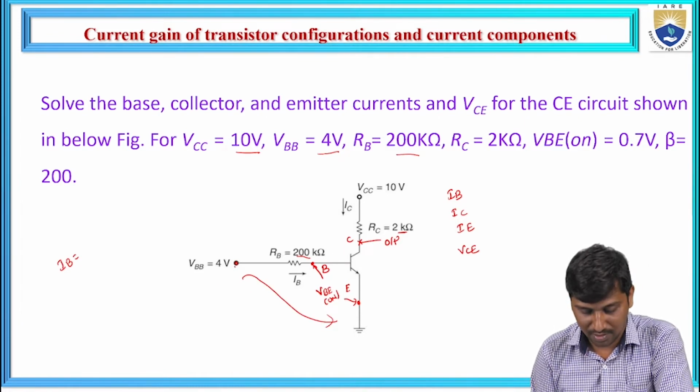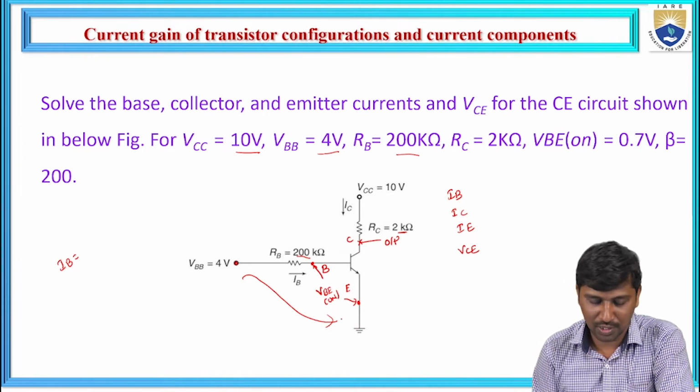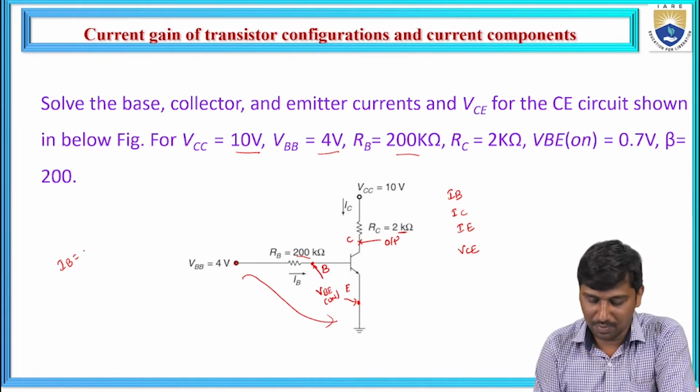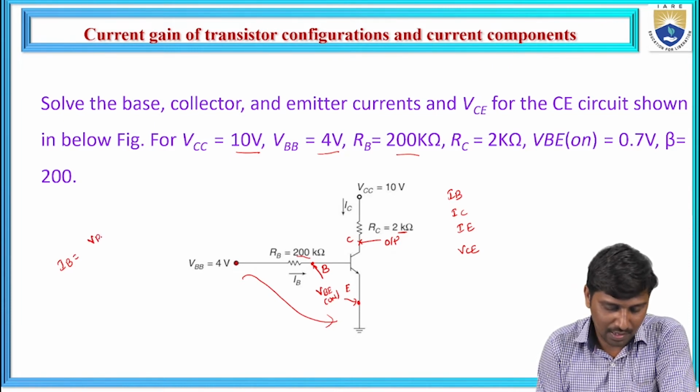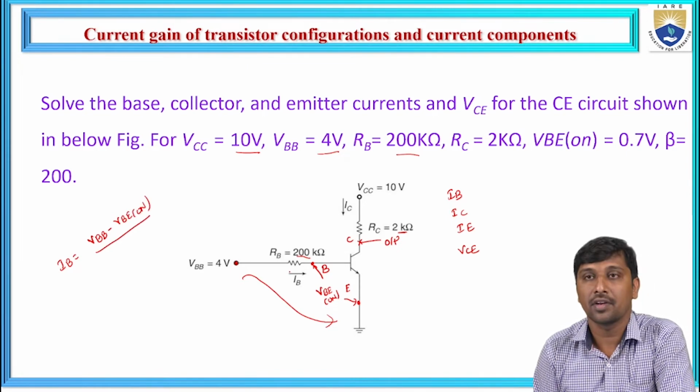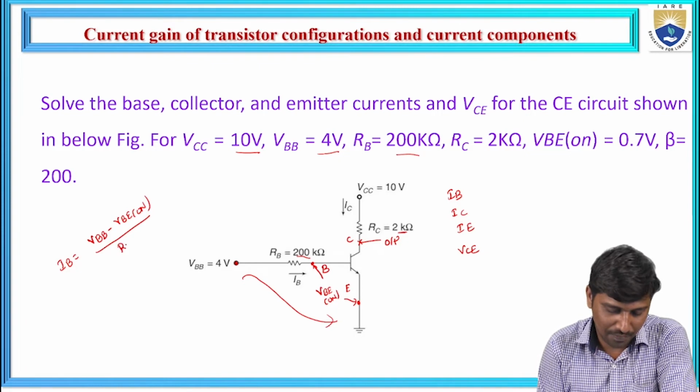It starts from the VBB and goes to the lower potential node. The potential difference between these two nodes is VBB minus VBE on, divided by the resistance RB.